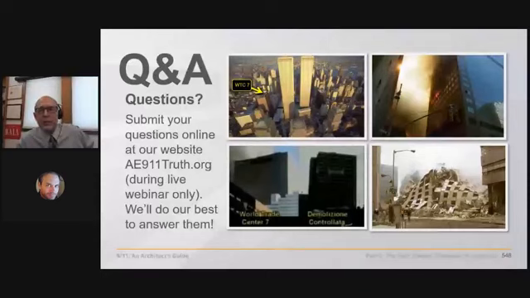NIST, actually, Shyam Sundar of NIST, the project leader of this whole report, said free fall would mean that there'd be no structure underneath. And they said that when they were denying the free fall of Building 7, before they were publicly embarrassed in a press conference by members of AE 9/11 Truth, who confronted them and said, this is easily observable and measurable, the free fall of this building, and you're not dealing with it.